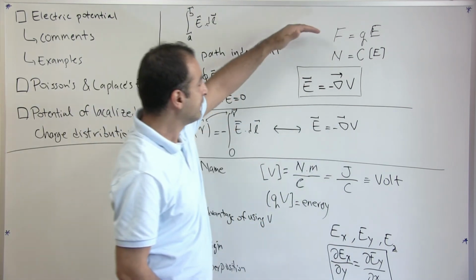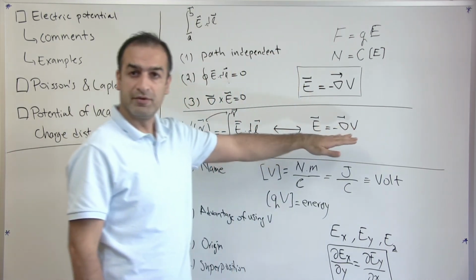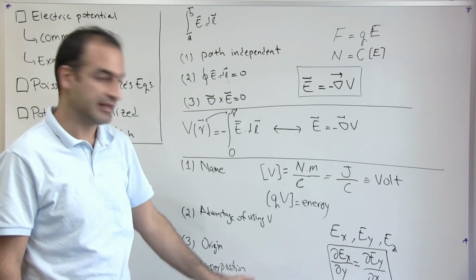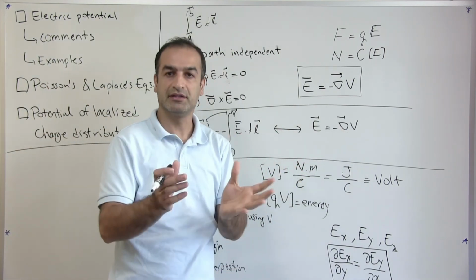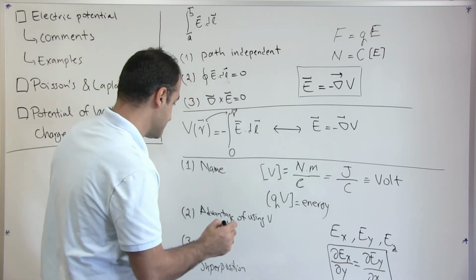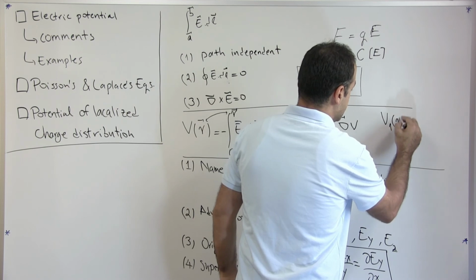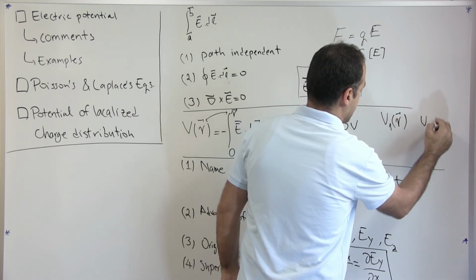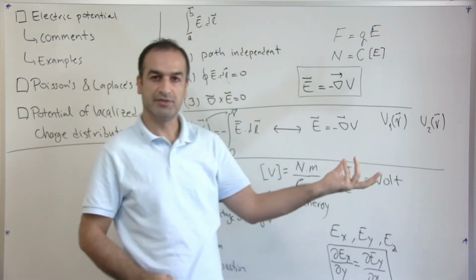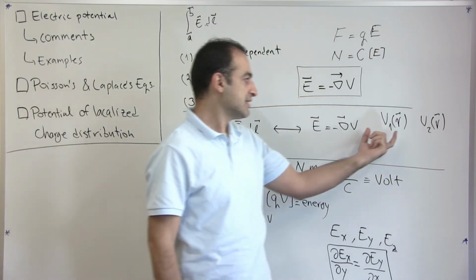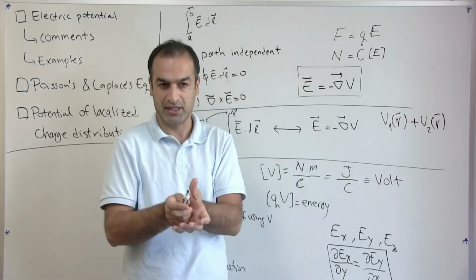And moving from force to electric field all the way to electric potential, for potential we can do exactly the same thing. If we have multiple charge distributions creating multiple electric potentials, let's say at one point in the space, if we have V1 at point R, and V2 at point R created by two separate charge distributions, we can just add them, and that's going to be the net electric potential at that point.